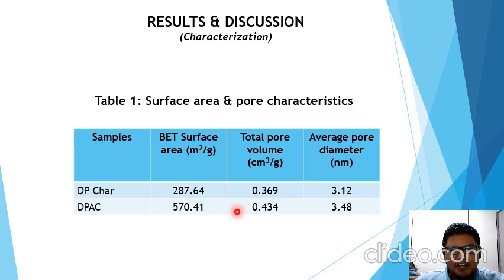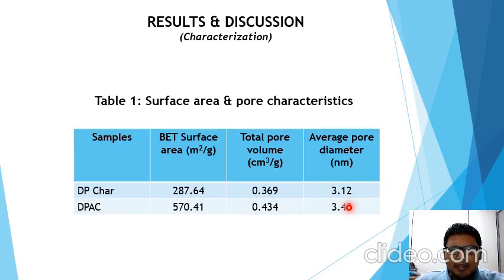During the chemical activation, the sodium molecules penetrate deep into the char to create pores. And then during the physical activation, the CO2 molecules bombard the surface of the char to create more pores. As a result, the BET surface area and total pore volume increase.